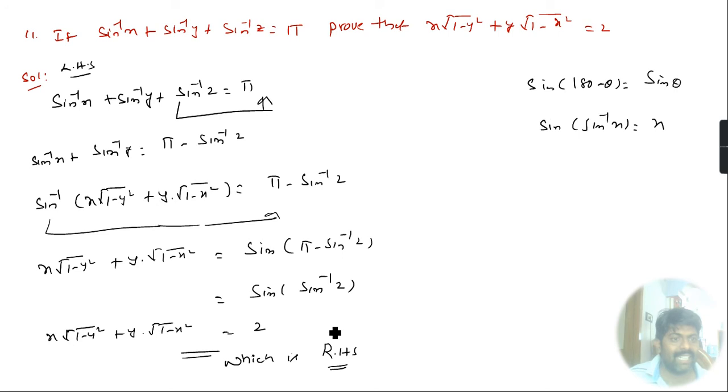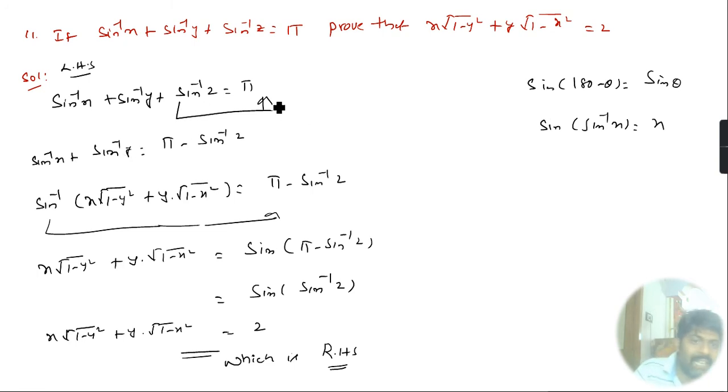So that is, sin inverse x plus sin inverse y plus sin inverse z is equal to pi. We prove that x into root of 1 minus y square plus y into root of 1 minus x square is equal to z. So apply the formula; the basic formula is sin inverse x plus sin inverse y, but we have three terms here.